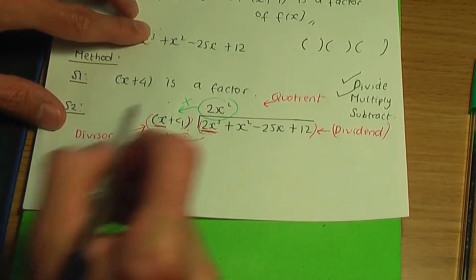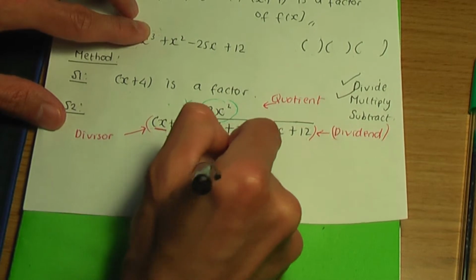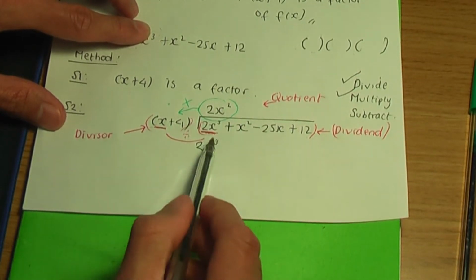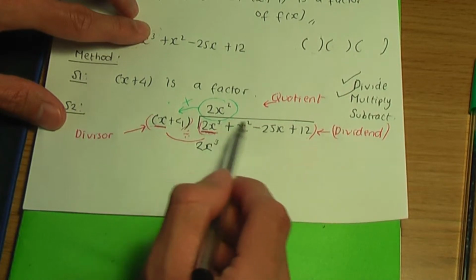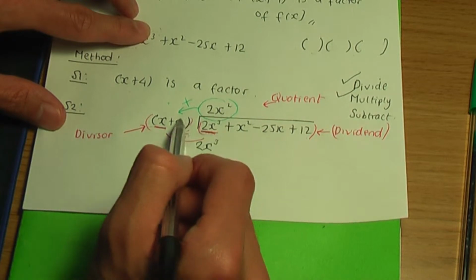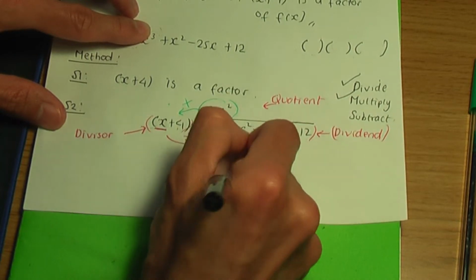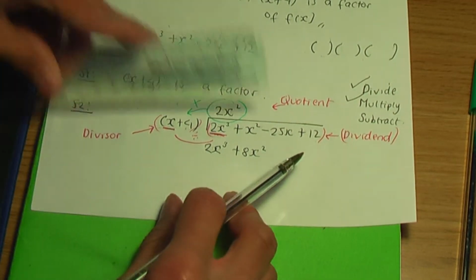So 2x squared times x is 2x cubed. Write the outcome on the bottom, in the order of the powers. And 2x squared times plus 4 is plus 8x squared. So that is what you have.